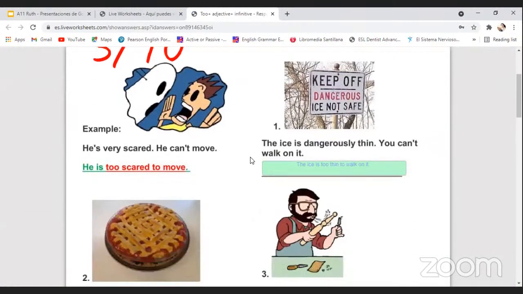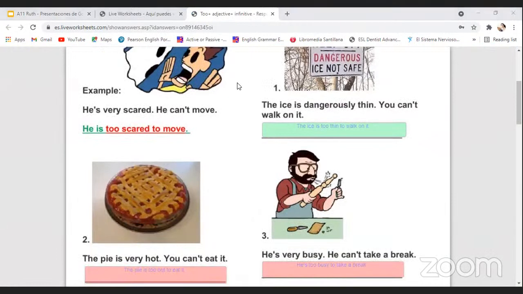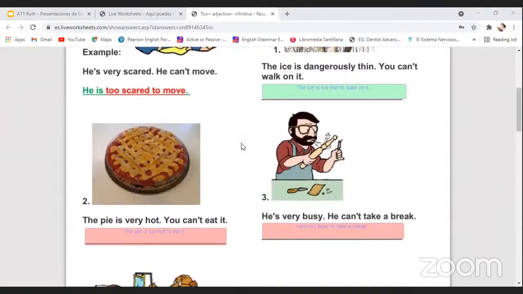All right. Let's see what happens. Sometimes it's just typing mistakes, right? Let's see. The pie is very hot. You can eat it. The pie is too hot to eat it. Yeah, it's correct. The pie is too hot to eat.